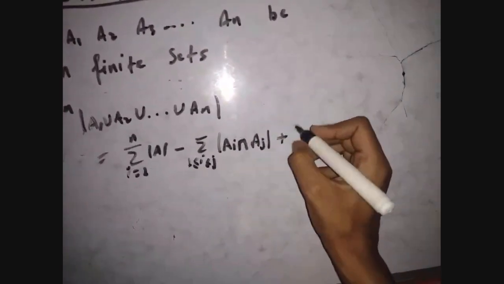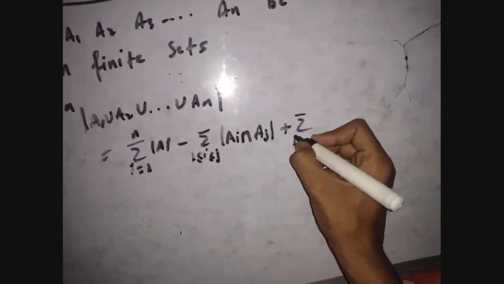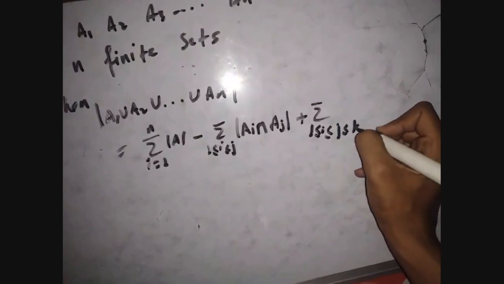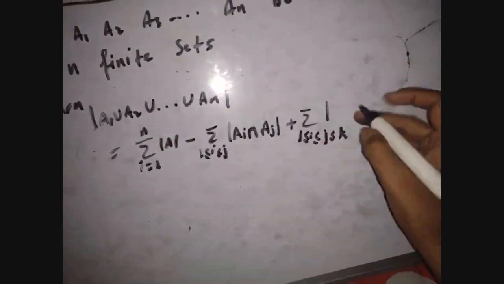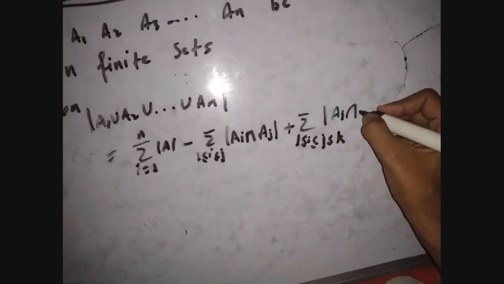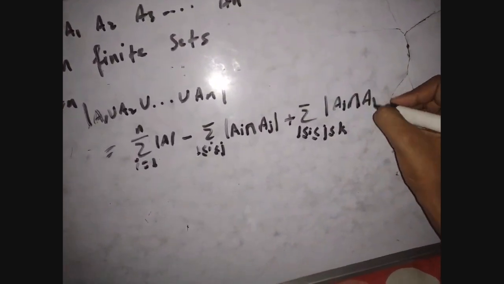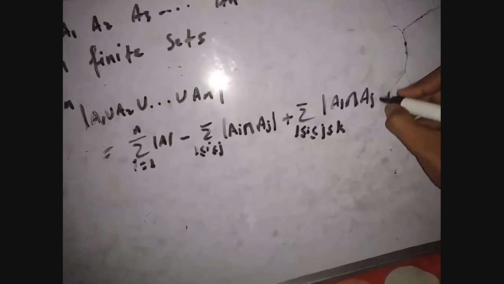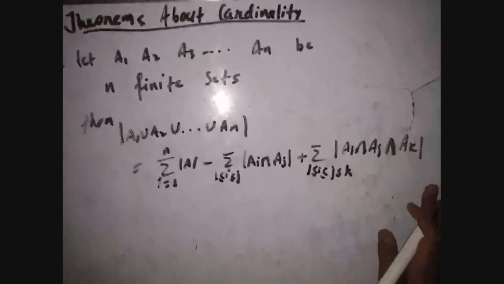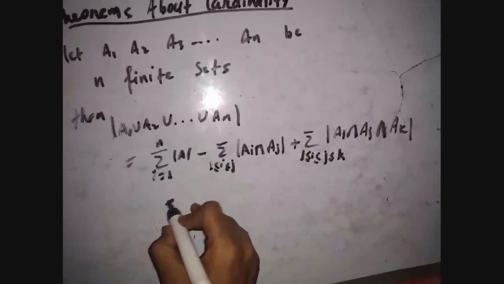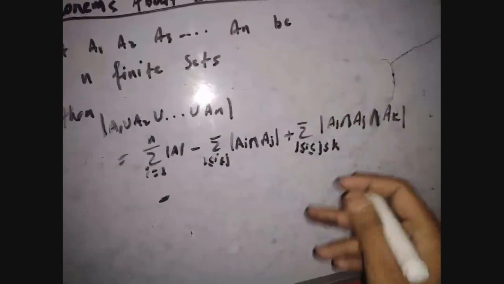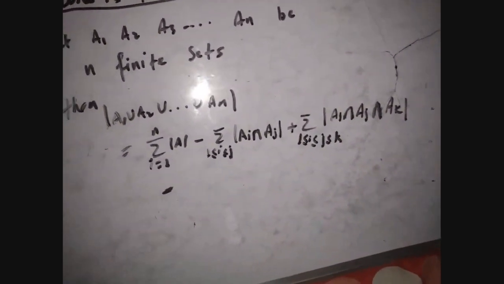Then there will be a plus, with indices i, then j, and then k, and there will be the cardinality of three sets taken at a time, ai, aj and ak. And again there will be a minus, with indices i, j, k and another, and we'll take four sets at a time. That's how we define it.